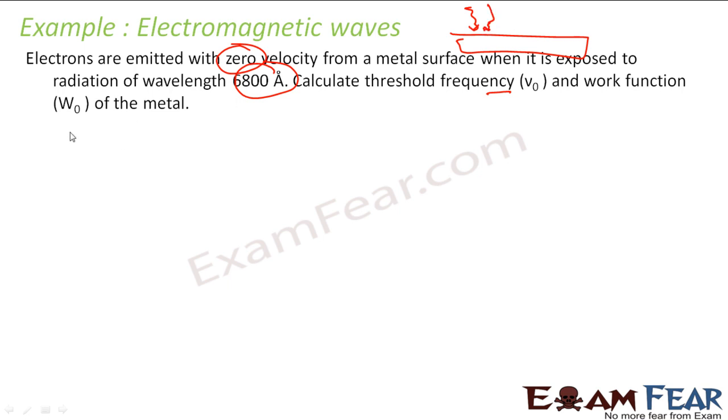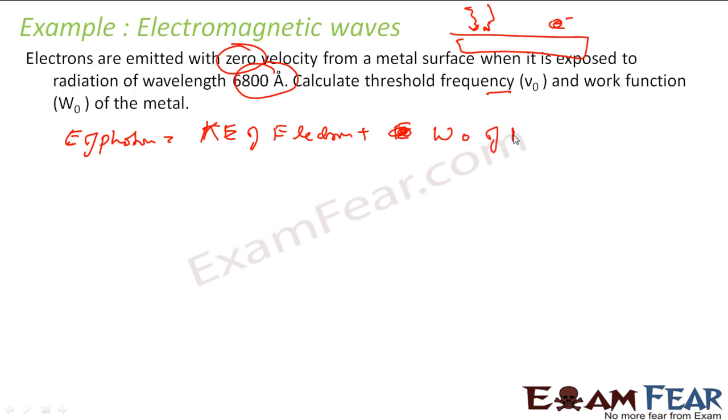So I can say energy of photon is equal to kinetic energy of the electron that comes out, plus the work function of the metal, because this is the energy required to remove an electron from the metal.